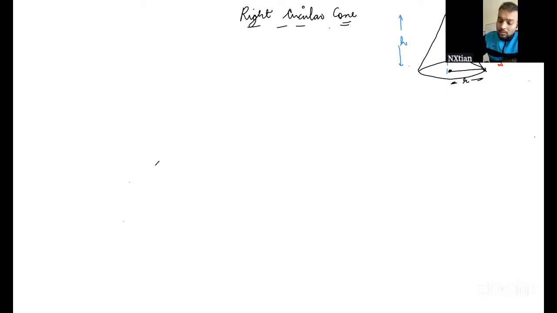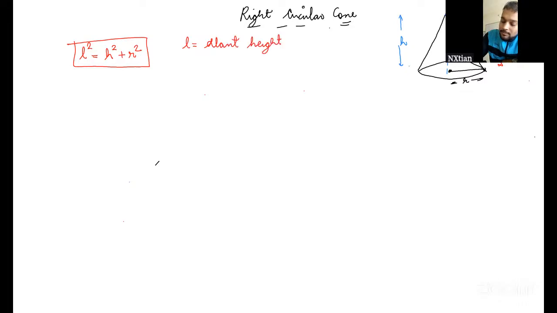So to find the slant height, the formula is l square equals h square plus r square, where l is the slant height, h is the height, and r is the radius.